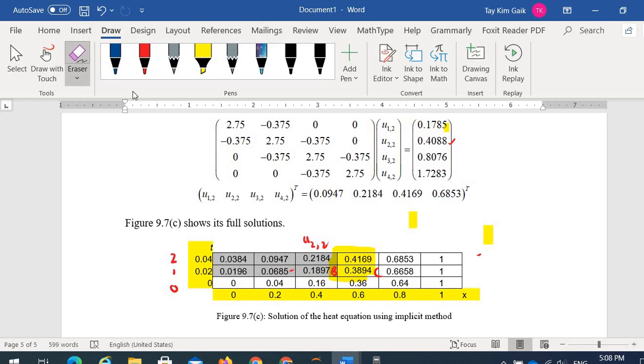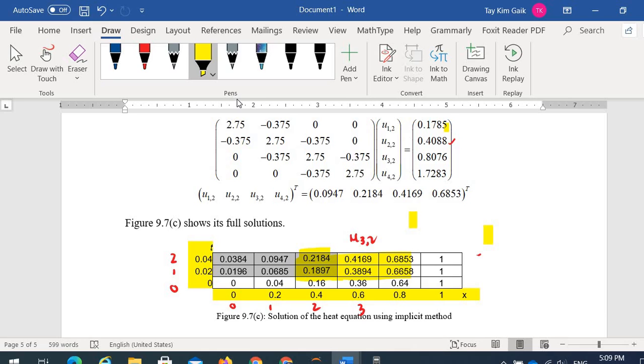Okay, and then for the third equation, we need to solve U32. This is first time, second time, third time. First time solve U12, so this center top here. Second time, this is the second equation, center top here U22.